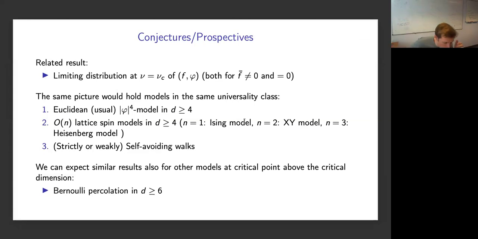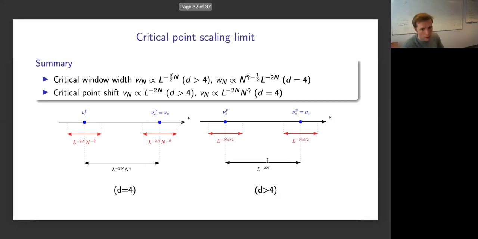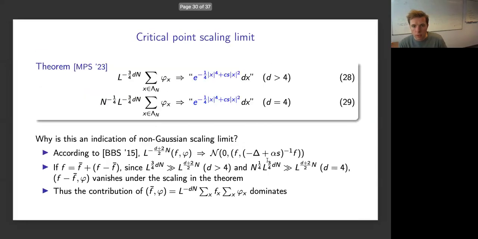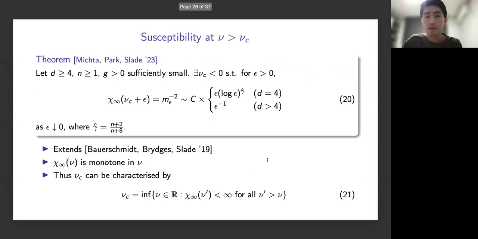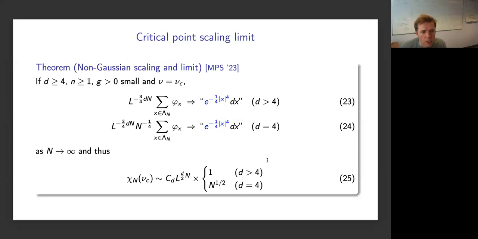I just had a small question about your main results. It was a couple of slides in the end where you were talking about the non-Gaussian scaling limits. Exactly. So you have this condition that G needs to be small.